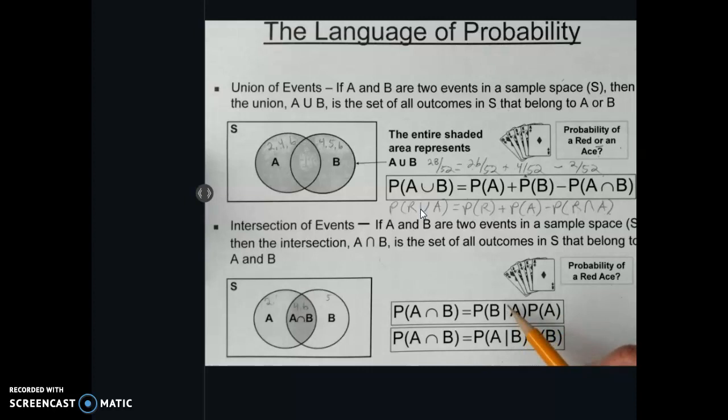We're going to talk more about this later on, where this is called a conditional probability, the probability that B occurs given that A has already occurred. Also, we could get the same answer by doing the probability of A intersecting B equal to the probability of A given that B occurs times the probability of B.